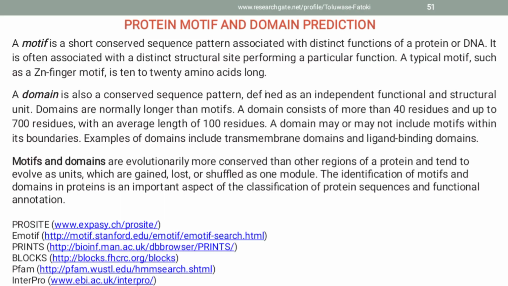So one important thing even in protein structure and function is protein motif and domain prediction. If you talk about a motif, it's a short segment of conserved sequence that is associated with a distinct function in a particular protein or DNA. In DNA, you might have heard about palindrome.